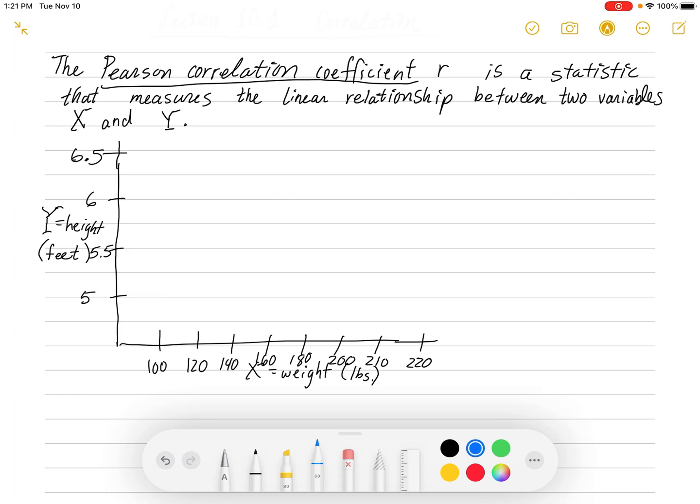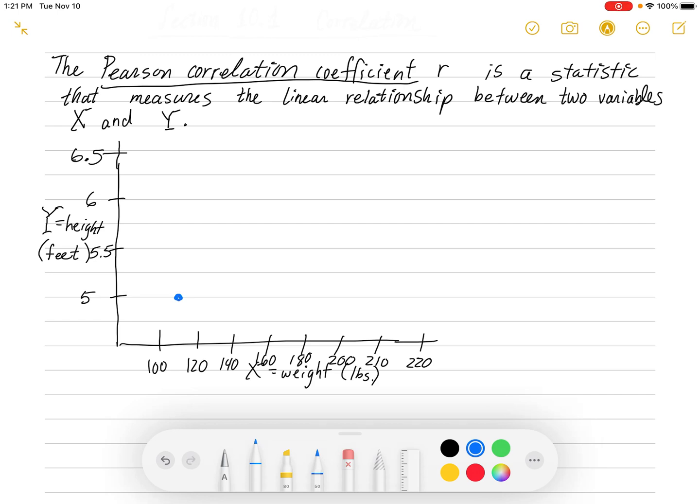And let's say we have some data points here. So we have a data point here. No, that's a bad place. Let me back that up some. This person would be like 110 pounds, right?